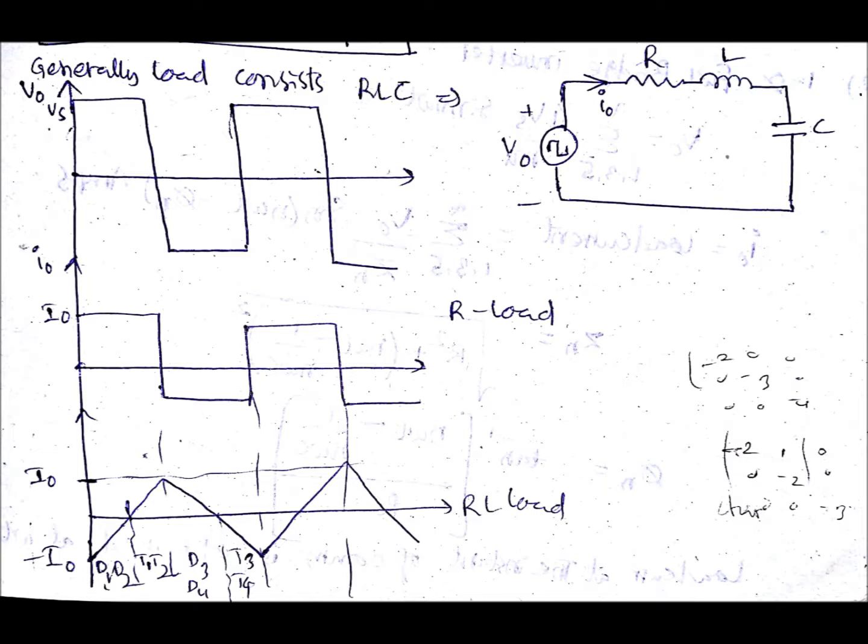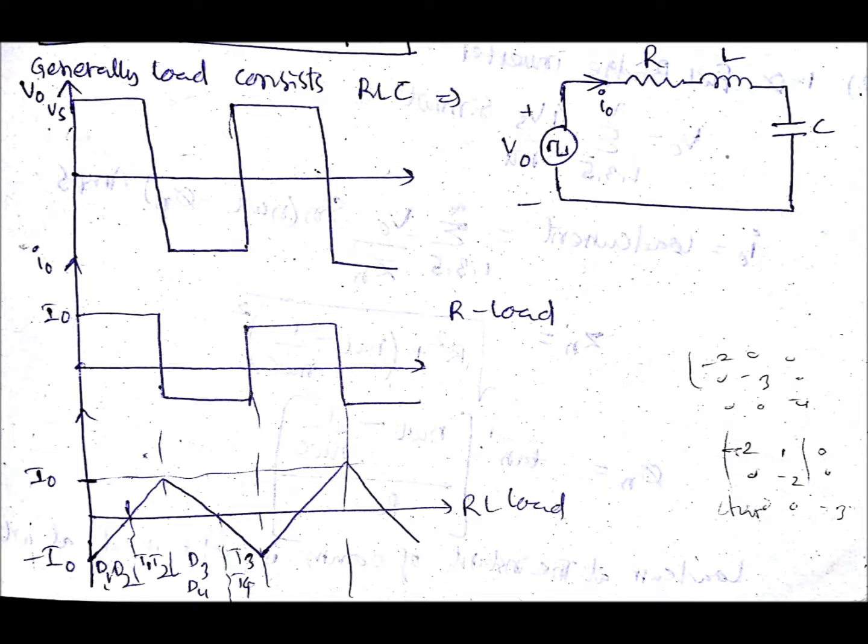Then coming to the RL load, the current should lag the AC input voltage. The voltage across the RL load is V0, and so the current through the RL load should lag that V0.